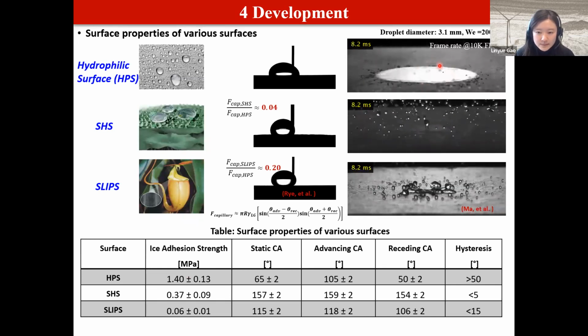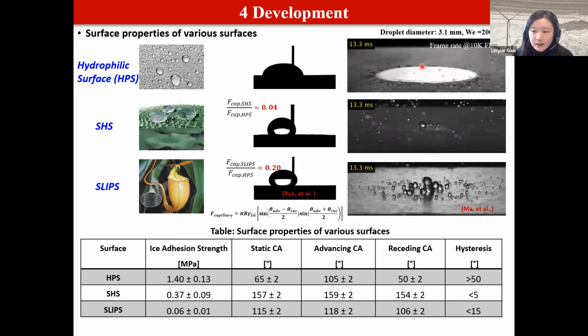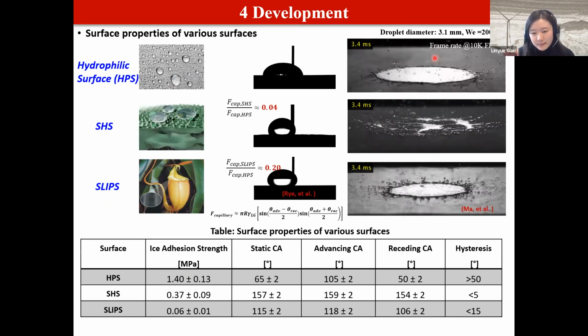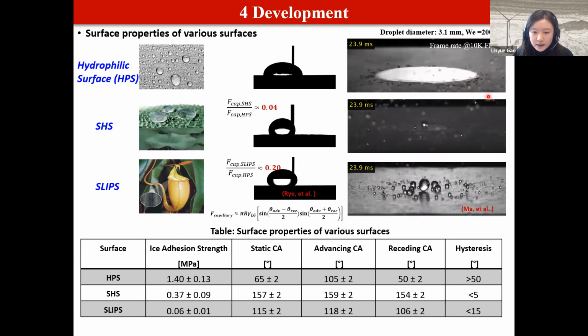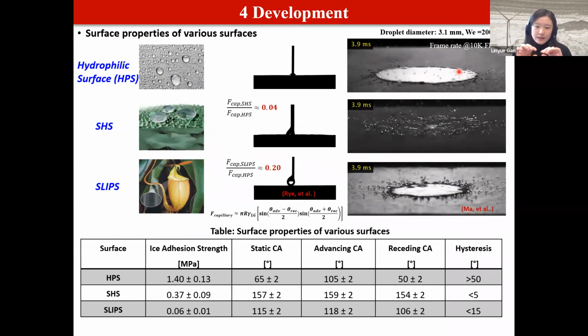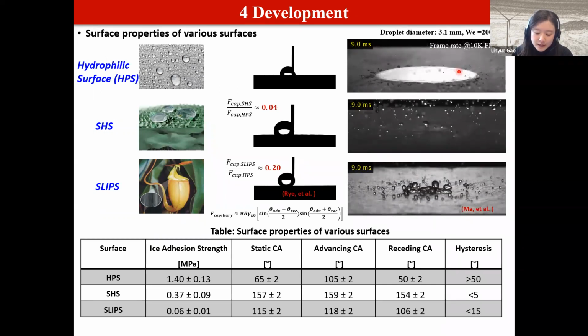As you can see from this animation, if the water droplet impinges onto the hydrophilic surface, the impacted water will spread out rapidly to form a pancake-like structure. And if we have that kind of structure, it is very easy to freeze onto the surface.